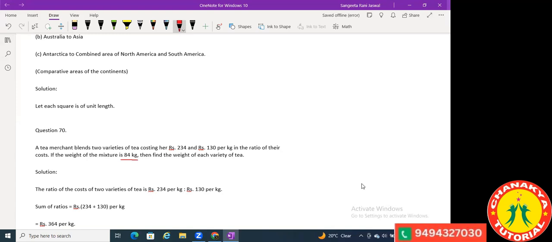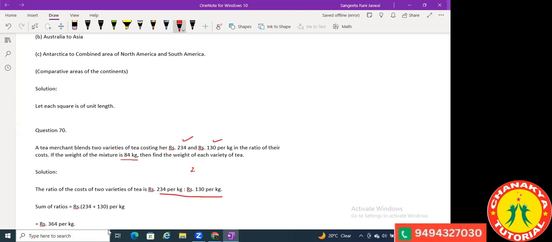Okay. So the ratio is given to you. The tea merchant blends 2 varieties of tea costing rupees 234 and 130 per kg in the ratio of their cost. So this is the cost only which is given. So this is the ratio. That means 234 is to 130 is the ratio given.